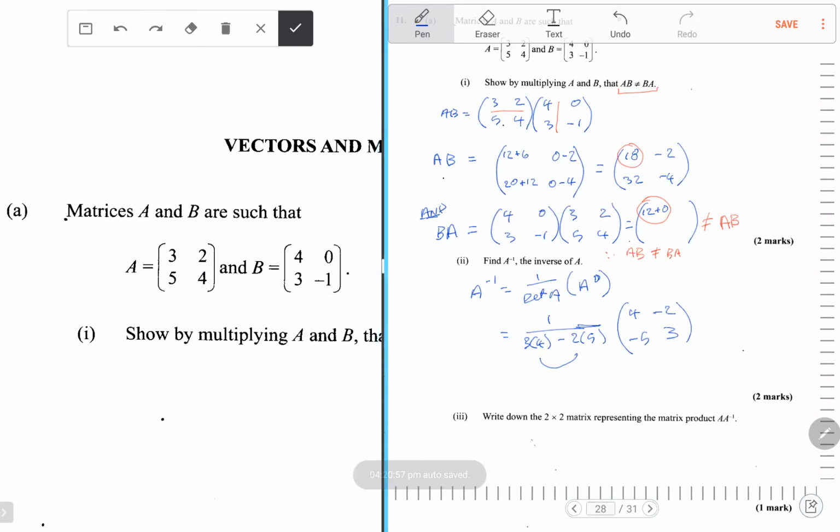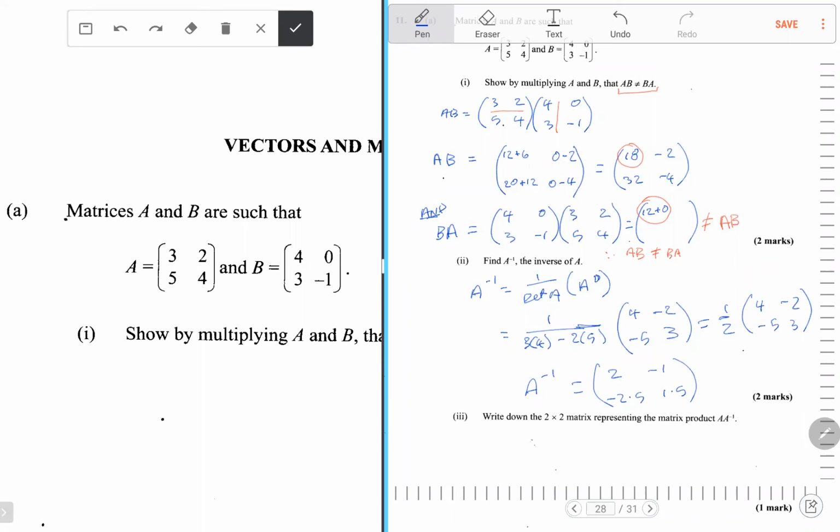And so this is simply equal to half of (4, -2, -5, 3). And you can put that as one single matrix and say A to the minus 1 equals (2, -1, -2.5, 1.5). That becomes the matrix A to the minus 1.